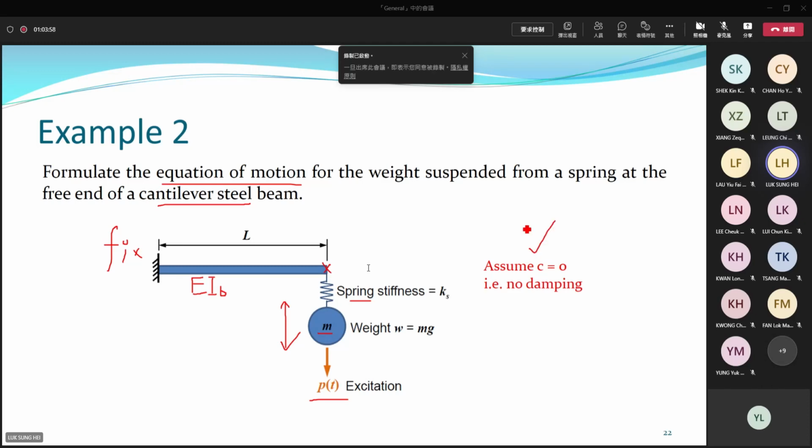We ignore damping effect in this example. Just consider stiffness, just consider mass to make the equation slightly easier to formulate. Equation of motion. This time is under vertical vibrations, not horizontal. So you have to consider self weight, mg.